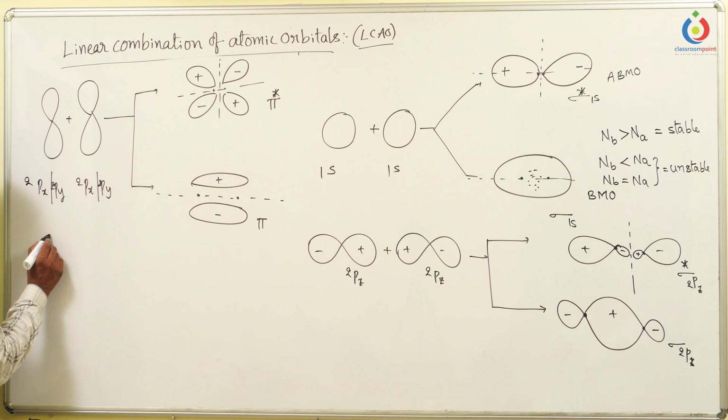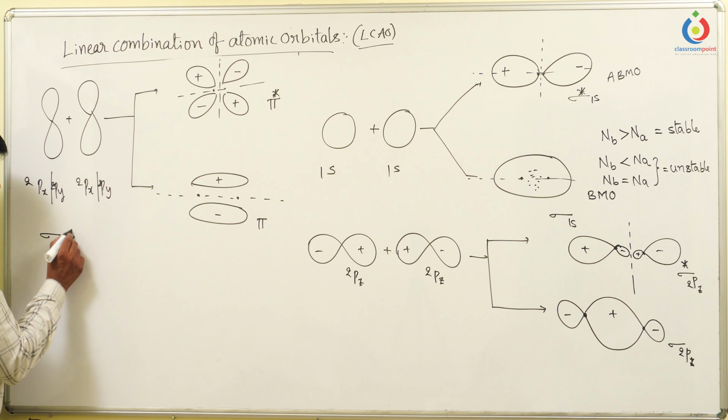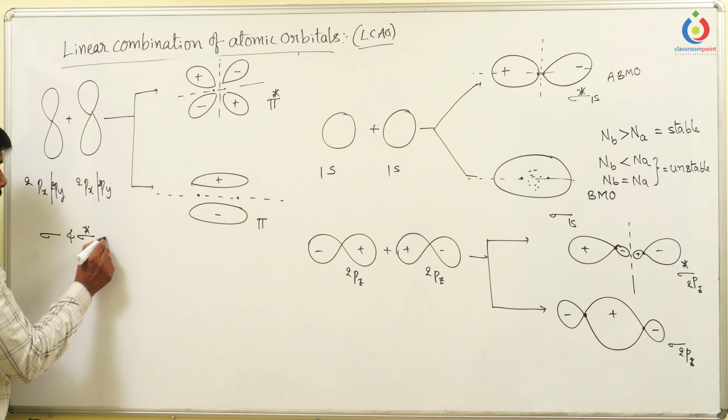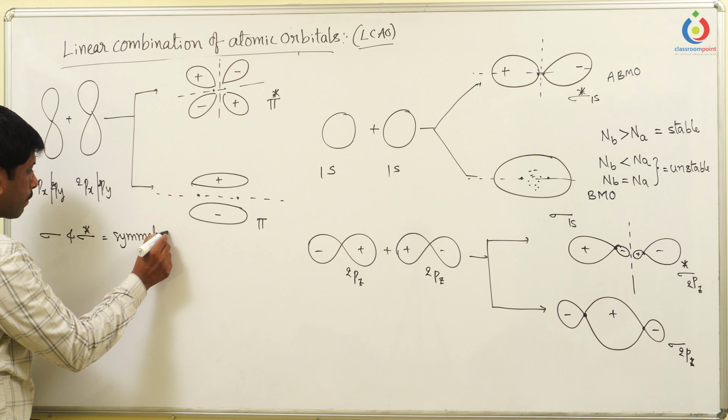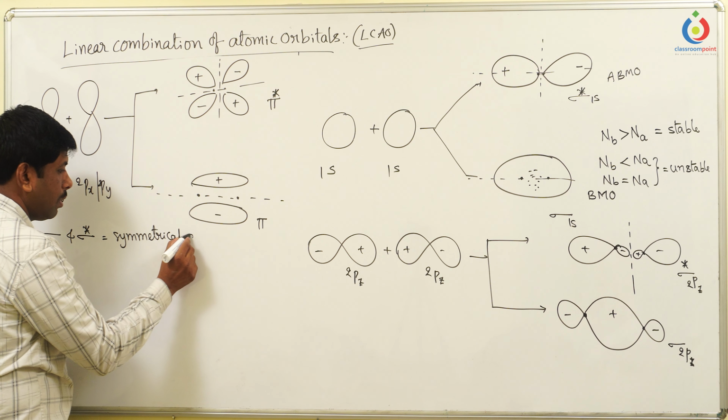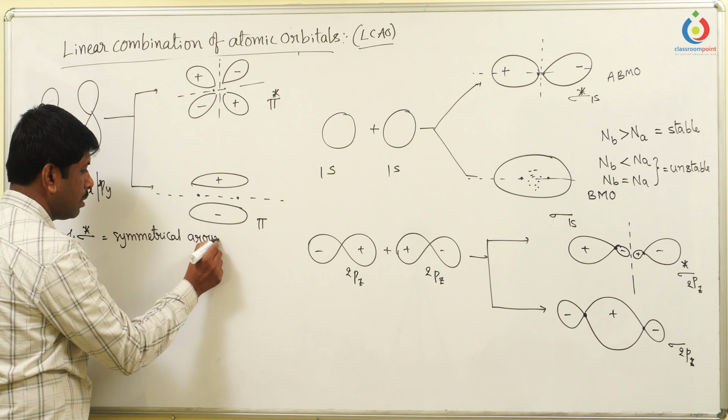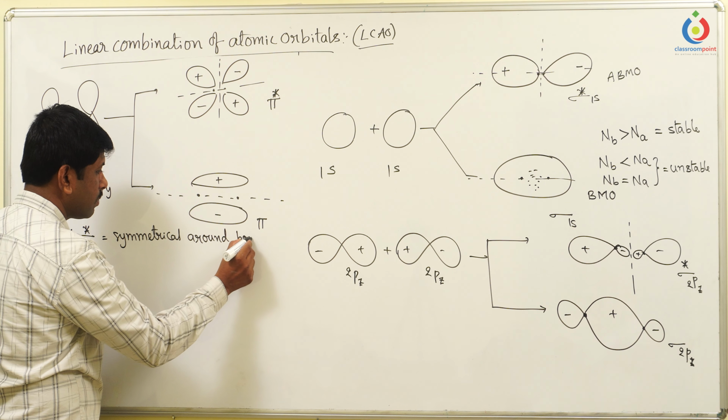So we can say that sigma and sigma star are symmetrical around the bond axis.